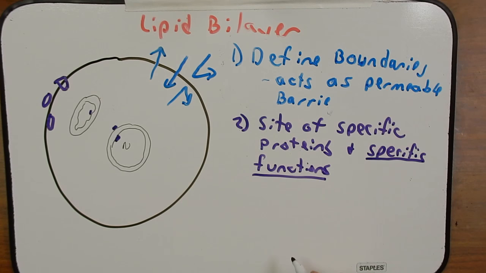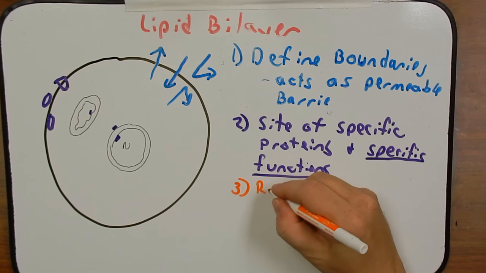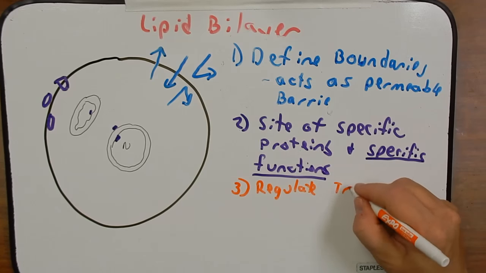Each of these membranes has a specific function. The membranes in the mitochondria are different than the membranes on the plasma membrane, the nucleus, or the Golgi, or any of the organelles. So they help define specific functions. They regulate transportation.